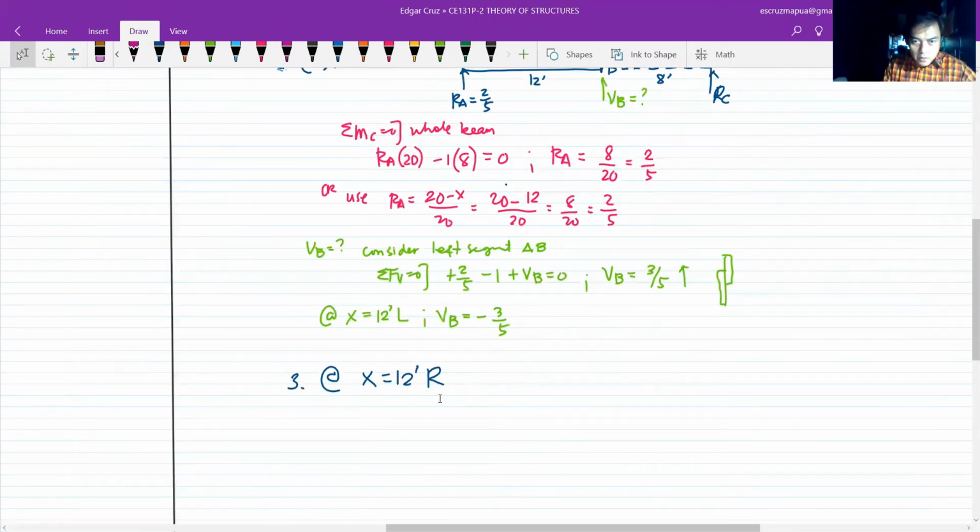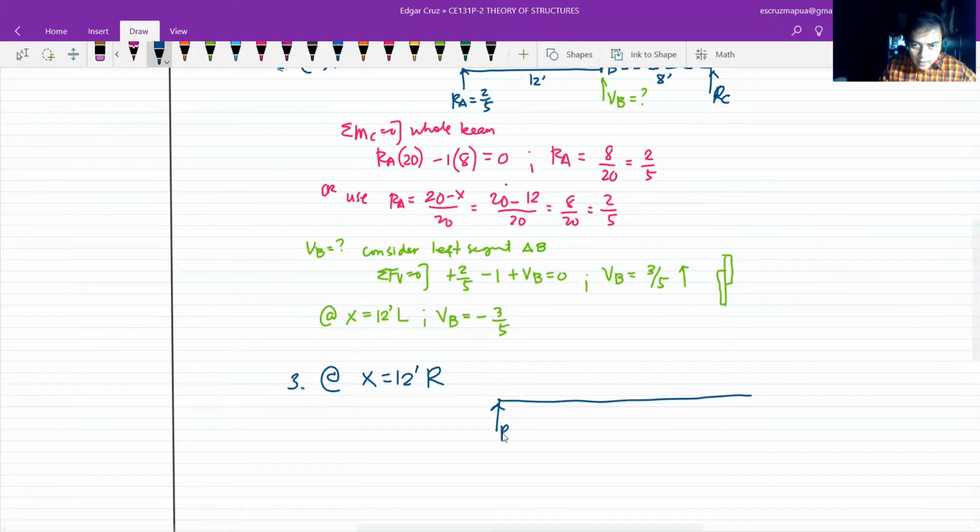Okay, so let me draw. Right side. So ito yung beam natin. Ito yung RA. Okay, so nandito yung point B. So kung nasa right side yung unit load, so nandito na siya.